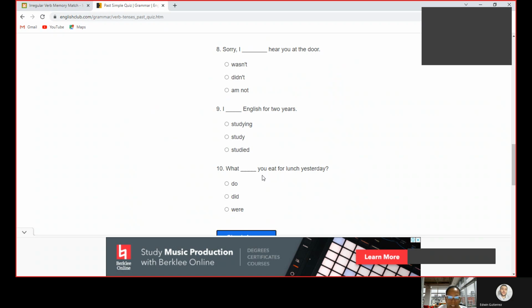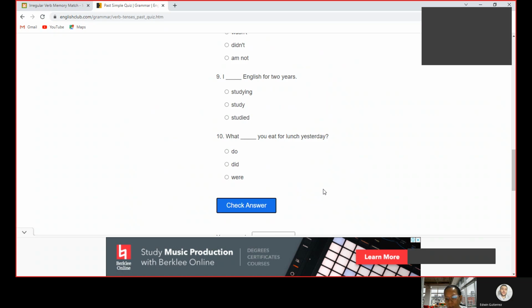You did a good job, because it's a question form and we are talking about the simple past. The tense is past, and in the question we use the auxiliary "did" with the verb in the base form. So you chose "did," and it is a good answer.